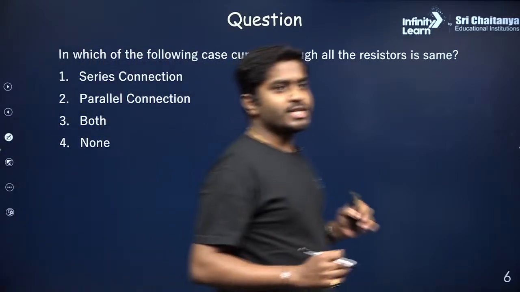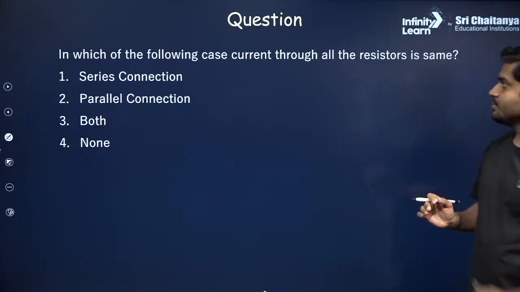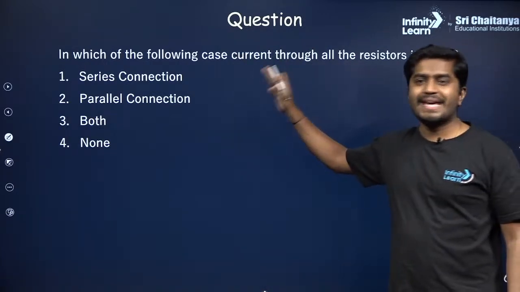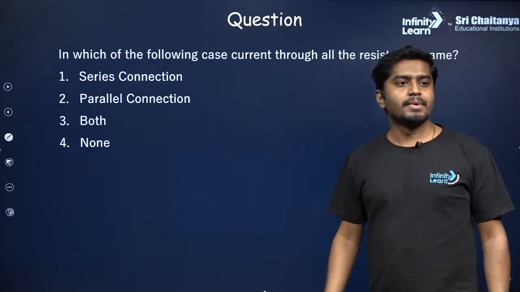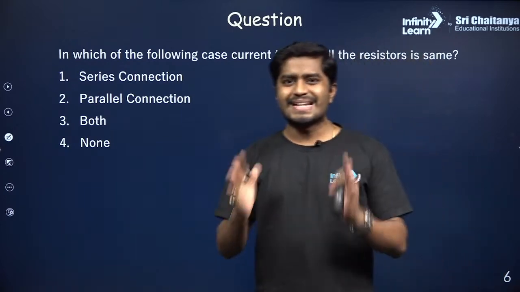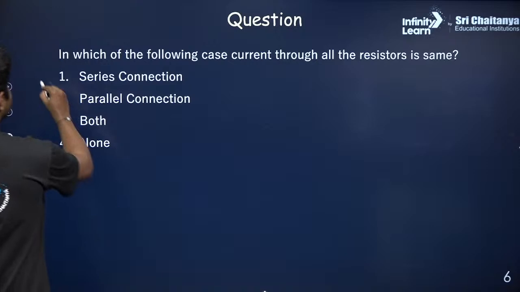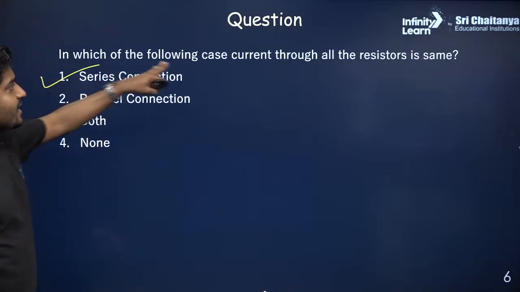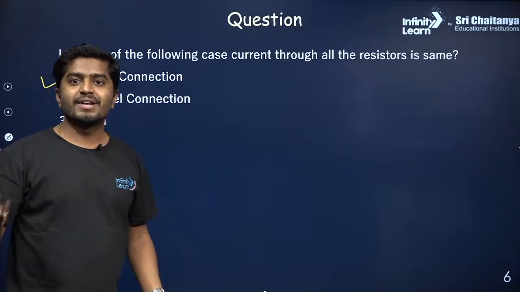After this question I'll tell you the difference. So in which of the following cases is the current through all the resistors the same? Tell me the answer. Current is the same, basic. It should be series. In series current is constant. In parallel potential difference is constant.